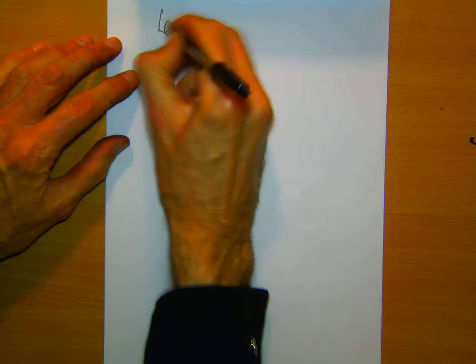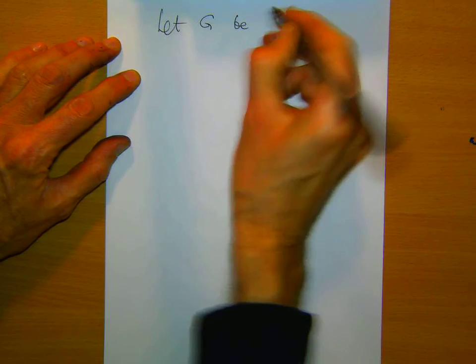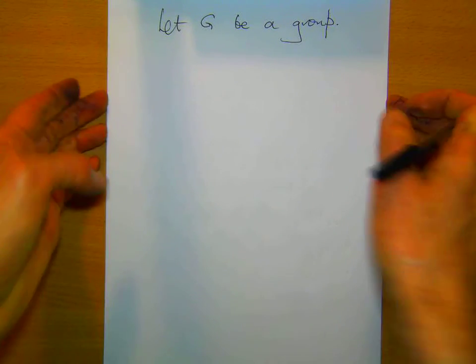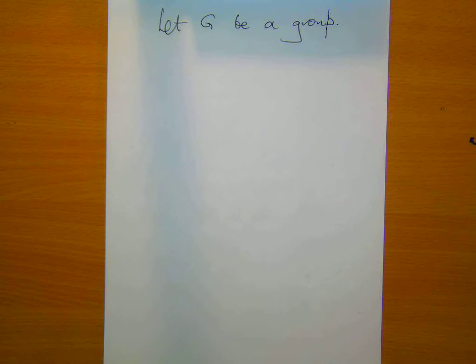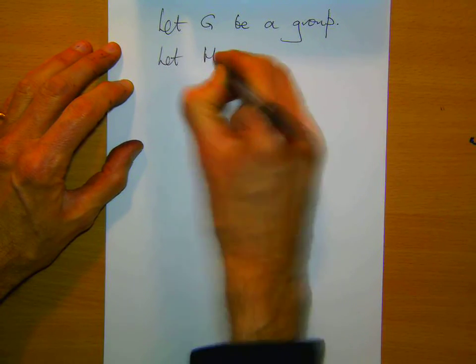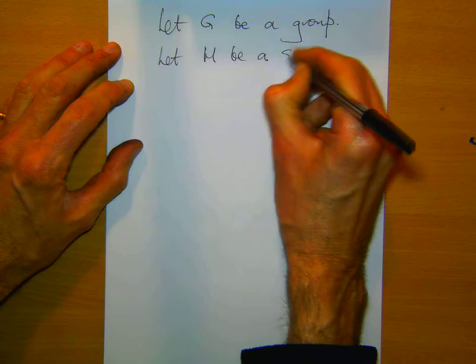So let G be a group. And I'm not going to restrict myself to finite groups yet because I don't need to. So G could be an infinite group, any of the groups that we've met so far, any group that you haven't met so far. And we need a subgroup.